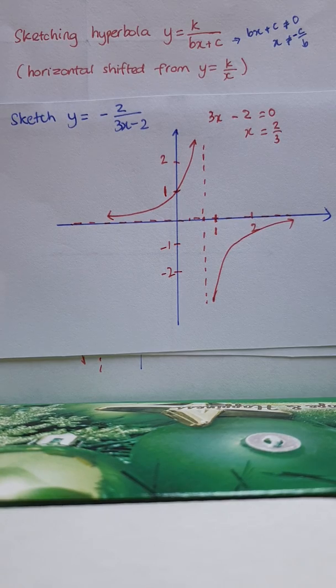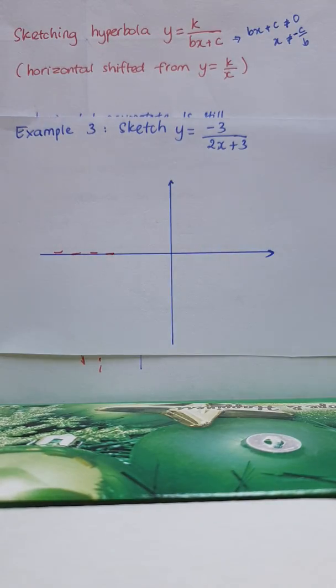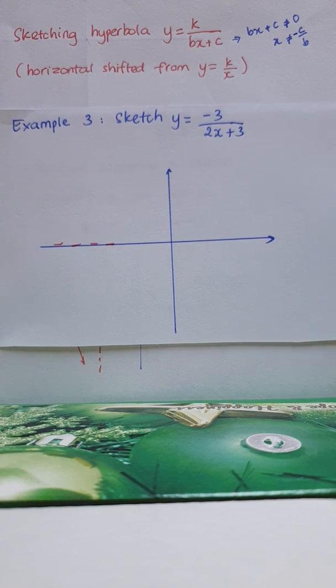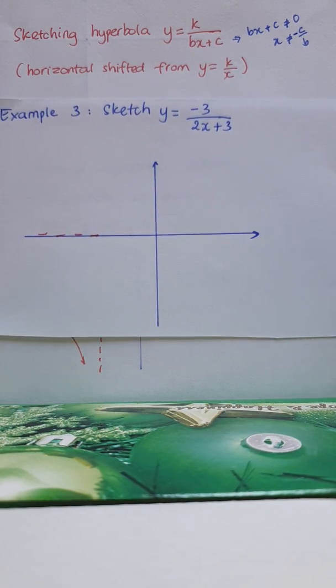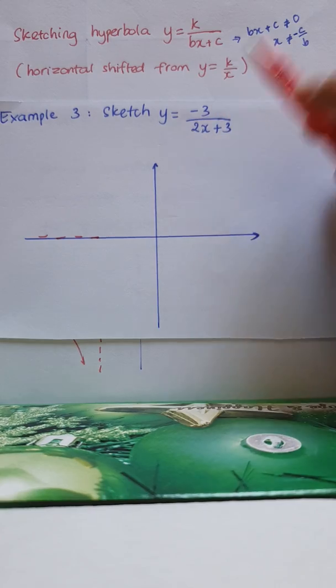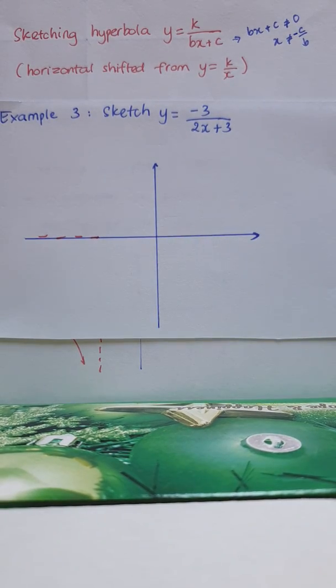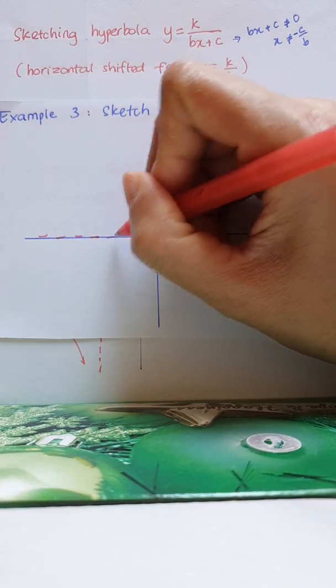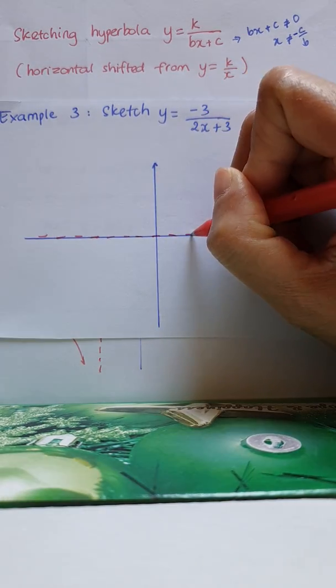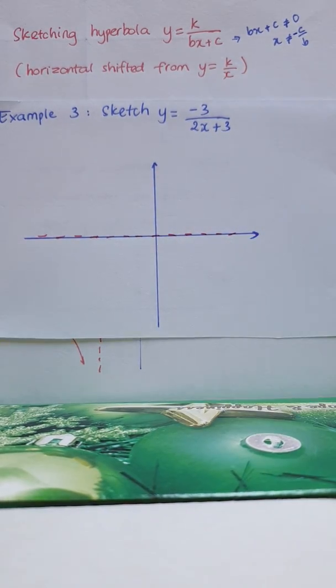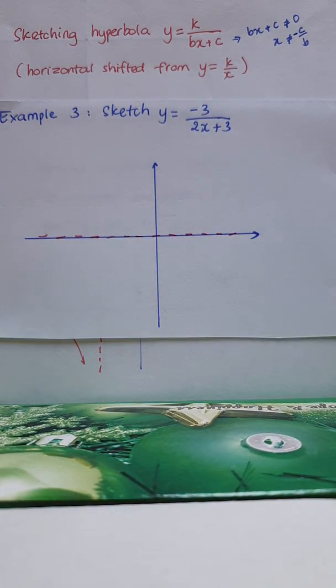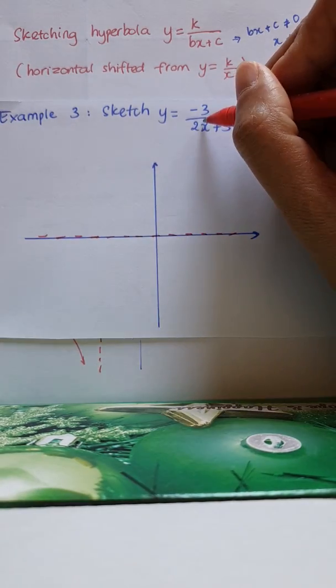Okay. So let's do one more example with b value given. So here we have b value, which is 2. Right. So example 3. So firstly, horizontal asymptote remains the same. To work out vertical asymptote, solve this.